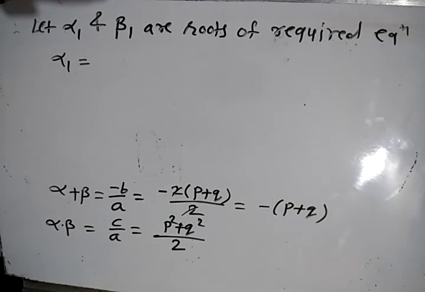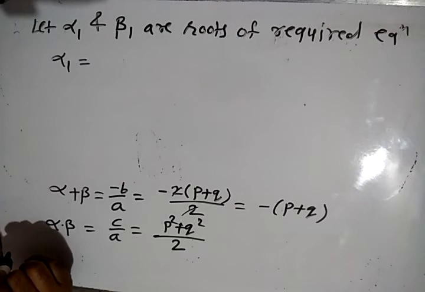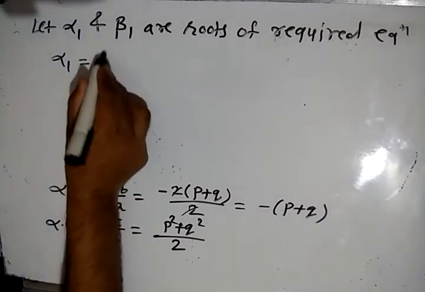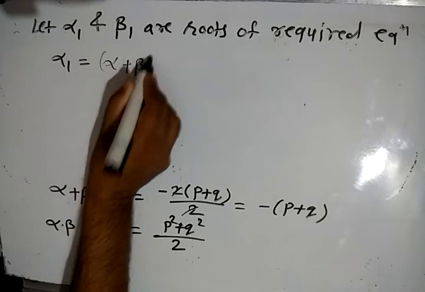If alpha 1 and beta 1 are the roots of the required equation, then what is the first root, alpha 1? Find the quadratic equation whose one root is the square of the sum of the roots. The roots of the previous equation are alpha and beta, so the square of the sum of the roots means alpha plus beta whole square.